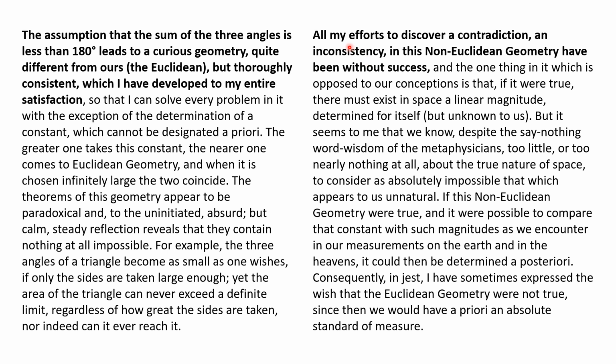He goes on to say that he looked for contradictions in this non-Euclidean geometry, but he was not able to find any. So unfortunately, his work on this topic did not get published, and so we don't know really the details of what he worked on. But he did accept the non-Euclidean geometry.